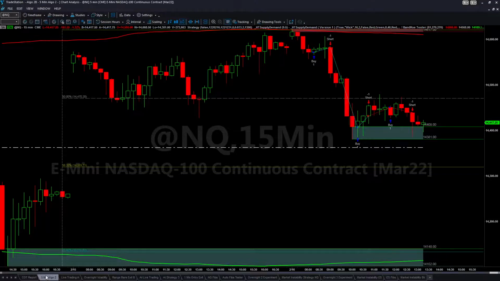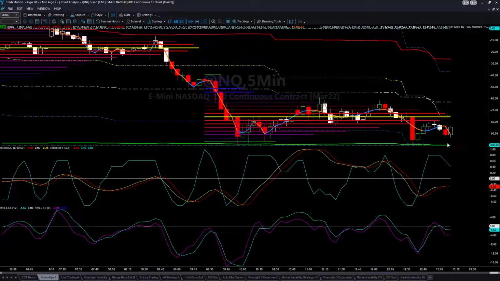Let's take a peek at the 5. We are in consolidation again. Dreaded area of consolidation.